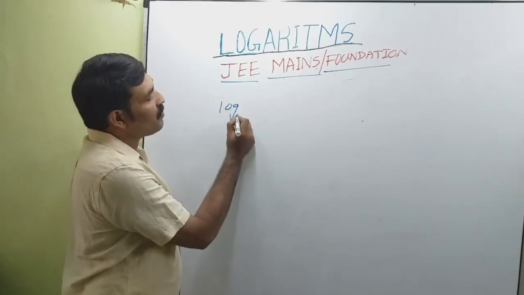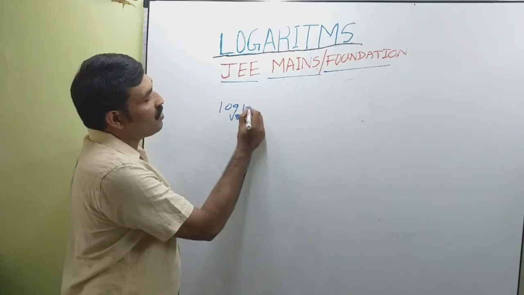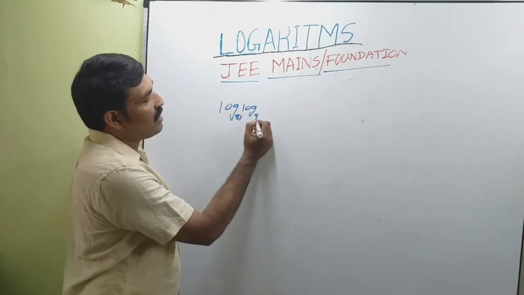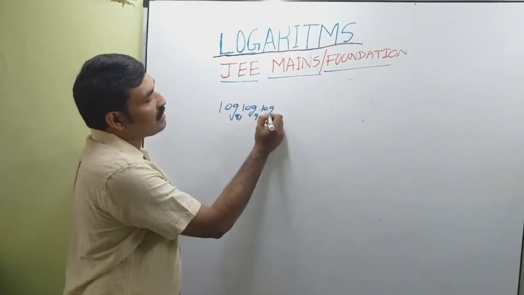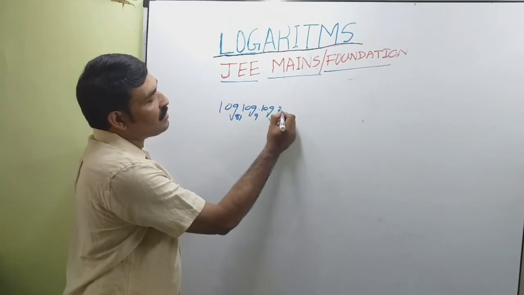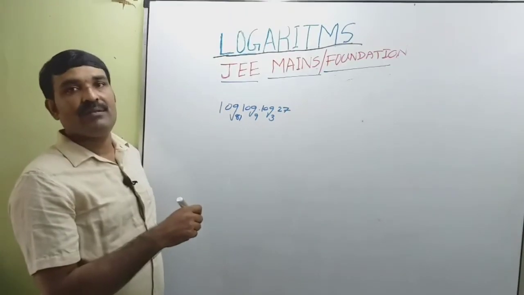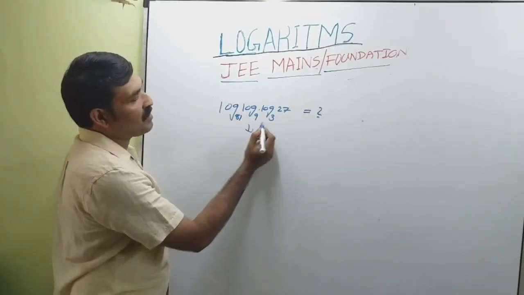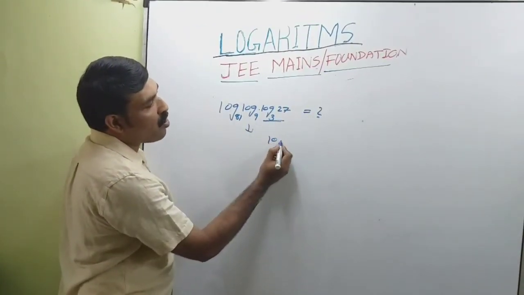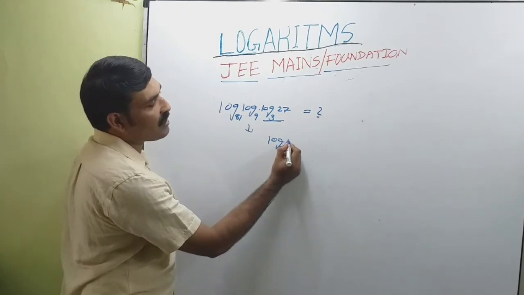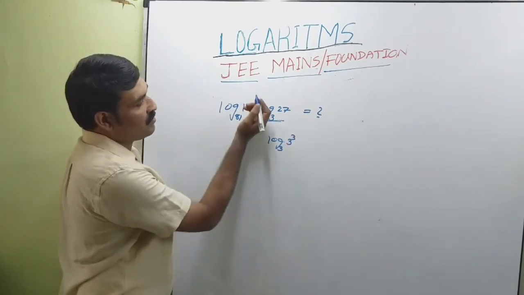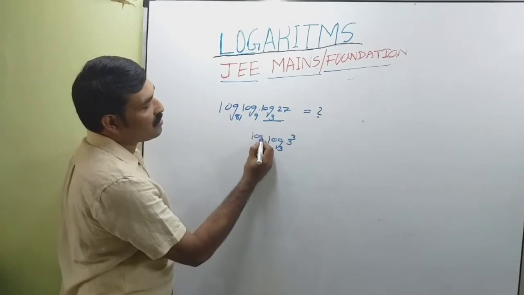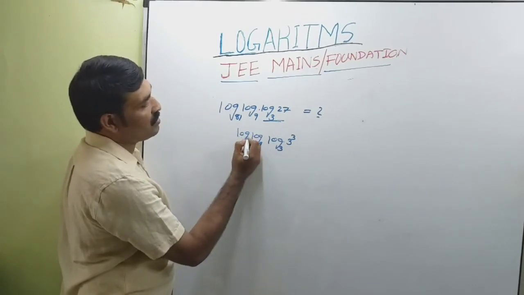Log base 81 of log base 9 of log base 3 of 27 is equal to the question. We can write 27 as 3 cube, so this is log base 81 of log base 9 of log base 3 of 3 cube.